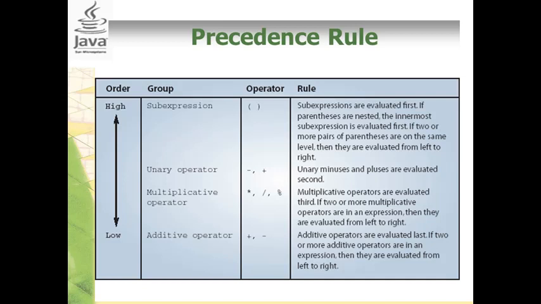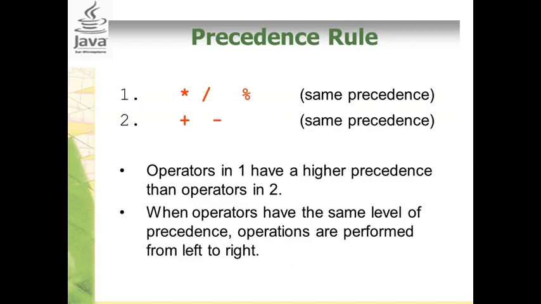Then we are going to discuss unary operators later. After that, the computer will give priority to multiplication, division, and modulus. And lastly, the plus and minus symbols.